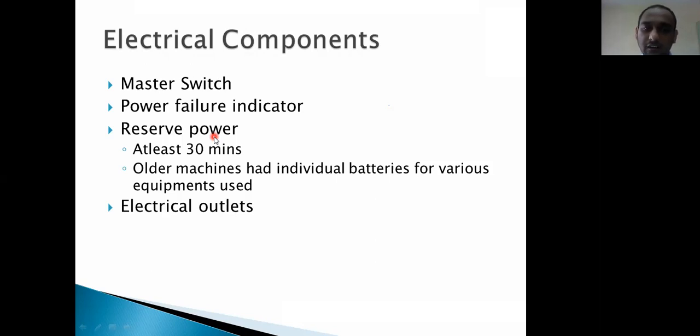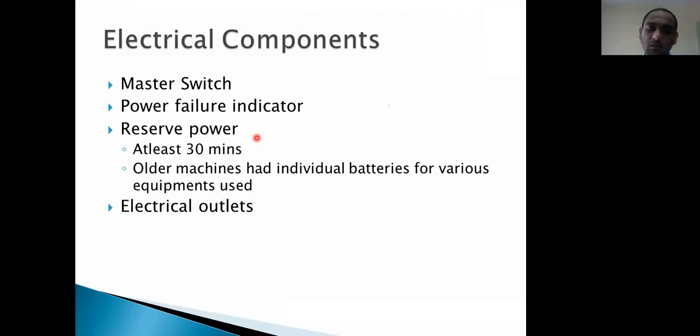So if we had a multi-para monitor, it had a separate battery. If we had an electronic ventilator, it had a separate battery. So multiple components, multiple batteries, multiple alarms, and a lot of things to manage. When all of this is integrated, everything has a single large battery, and all components of the anesthesia workstation can be powered by this battery for at least around 30 minutes.